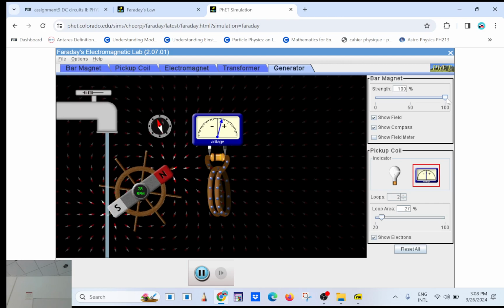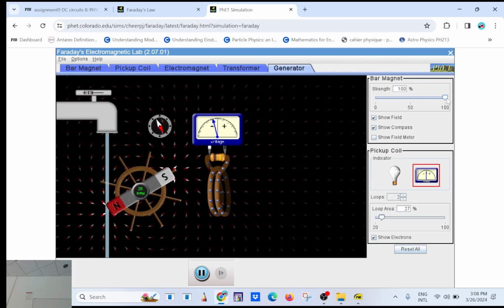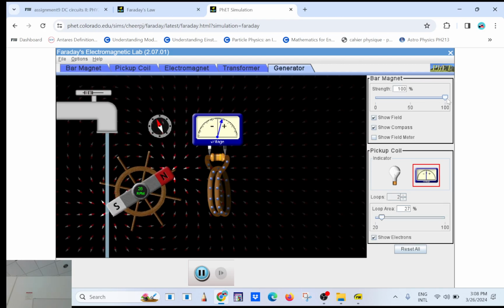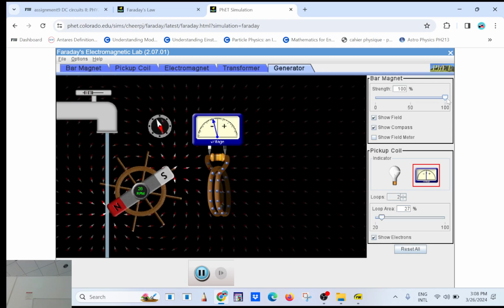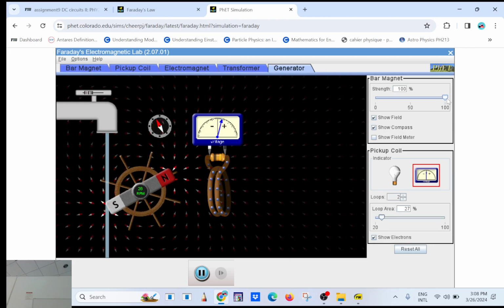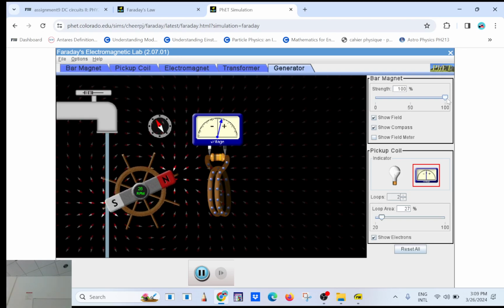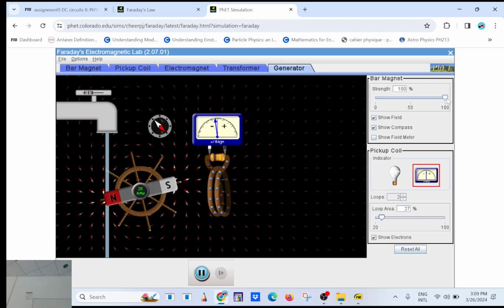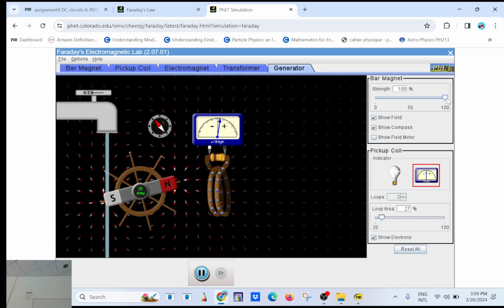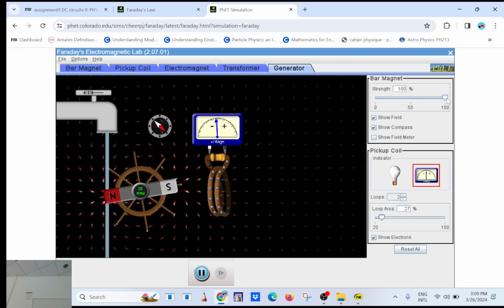So we have a closed path. It's a circuit that goes loop, loop, loop, and here you have your voltmeter, but the loop is closed. So you have a conductor. And now I need a magnetic field, so I'm going to use a magnet.